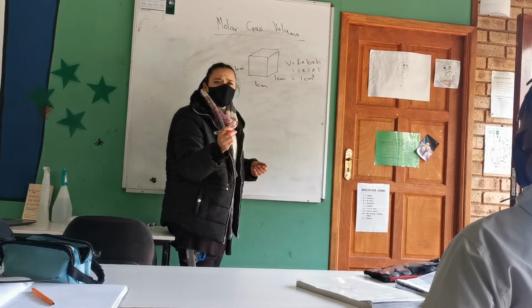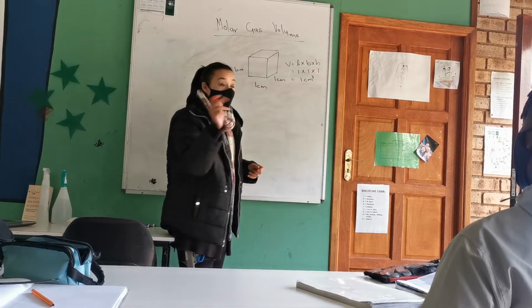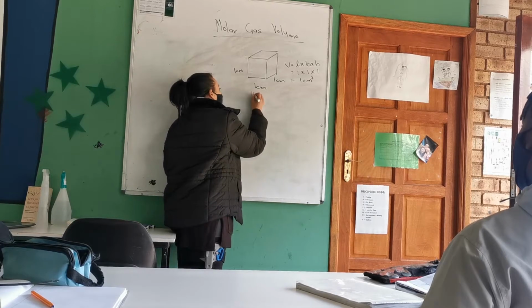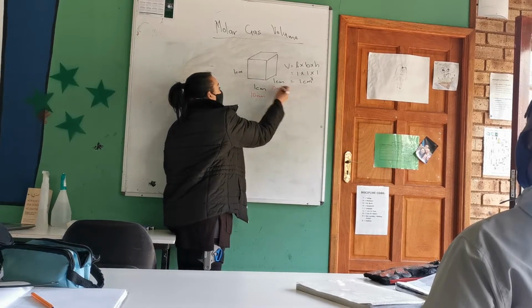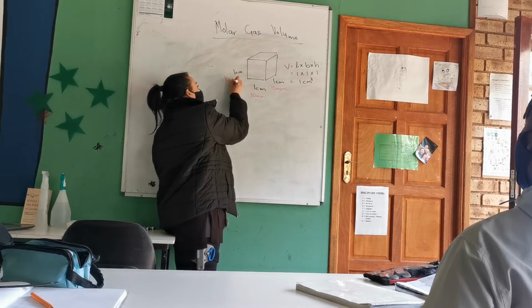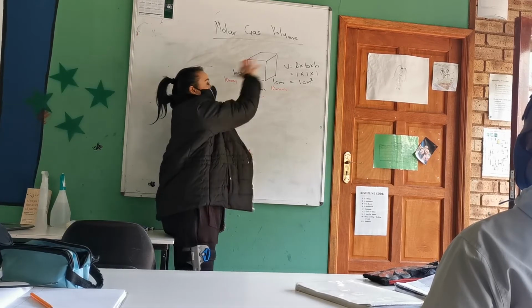But if I use a different unit, for instance millimeters, how many millimeters do I have in a centimeter? 10. So I have 10 millimeters, 10 millimeters, and 10 millimeters for the same block.